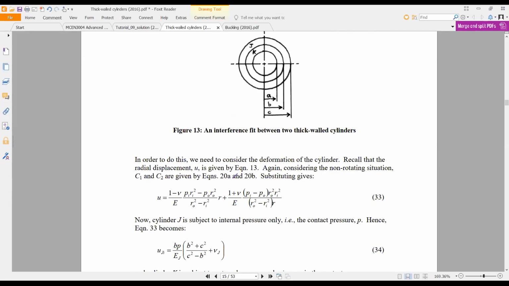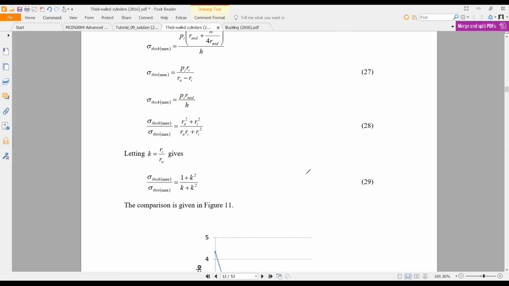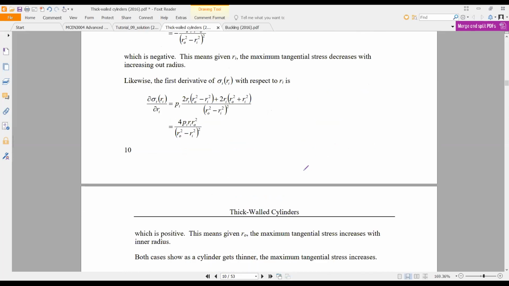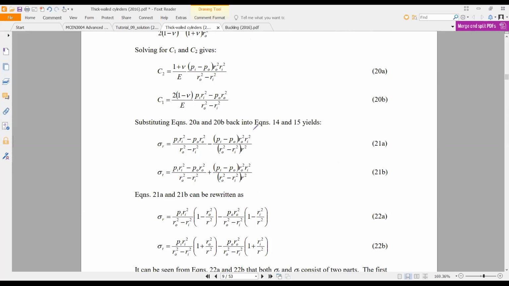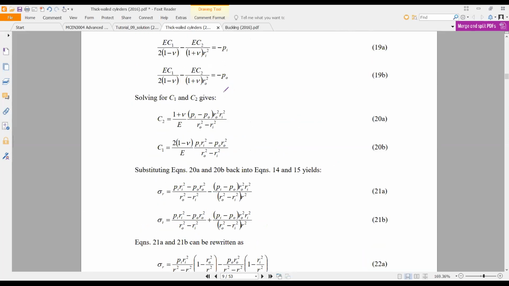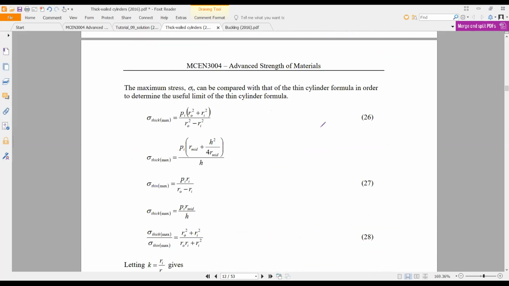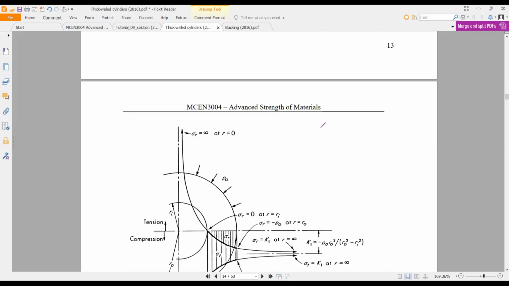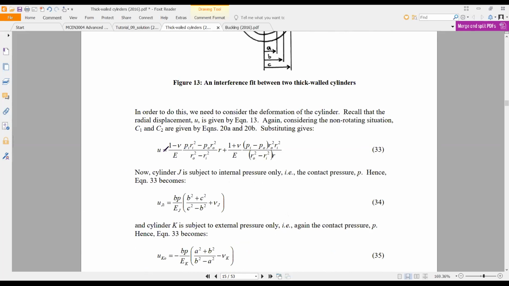This u is taken from the equation we derived earlier, equation number 20. Using these two equations, substitute C1 and C2 and get the equations for a particular case. If you know C1 and C2, you can substitute them into the equation for u.